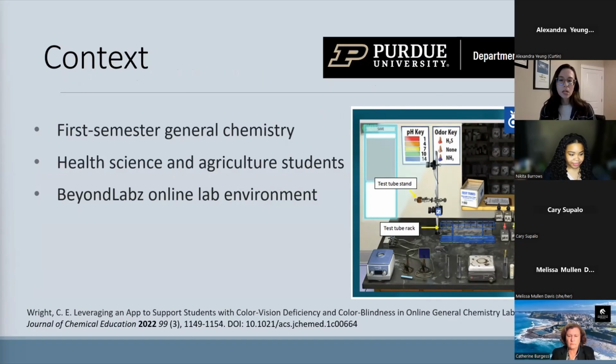So like others, as we were trying to figure out what we were going to do when we shifted to online laboratories due to COVID-19, we decided that we needed to fill in gaps that were left in our hands-on skill development labs with the online simulations that are provided by the Beyond Labs environment. There's an image of that on your screen here, of what the general chemistry lab looks like in Beyond Labs.